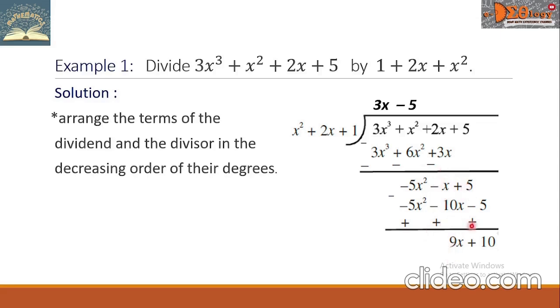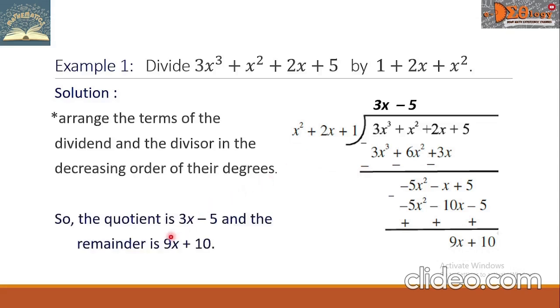Positive 5 plus 5 is 10. From here, we stop because our new dividend, 9x plus 10, has a lesser degree than our divisor. So the quotient is 3x minus 5 and the remainder is 9x plus 10.